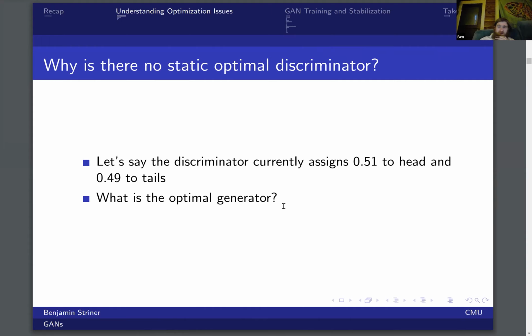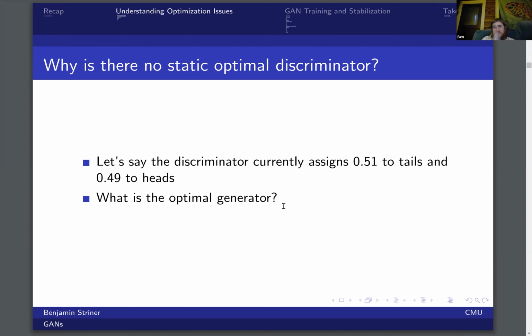And hopefully the rock, paper, scissors example was a good illustration. If the discriminator is slightly higher on heads than on tails, and you trained a generator against that, the generator would eventually do 100% heads. Because if heads is slightly higher than tails, then your best strategy is to be 100% heads.